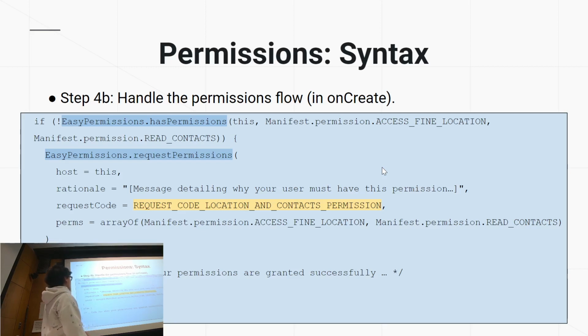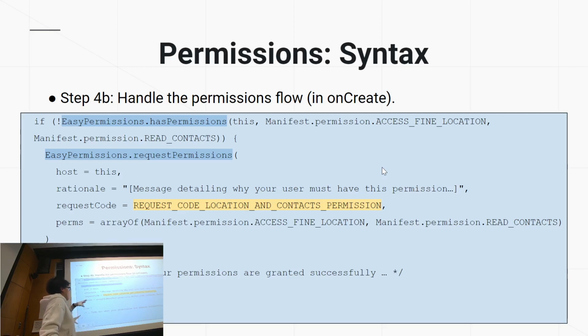So for this, we have EasyPermissions, the request for permission, and host, which is obviously this. And the request code here is the request code that you put in earlier, in step, I believe, 3, for what specific permission you're requesting.